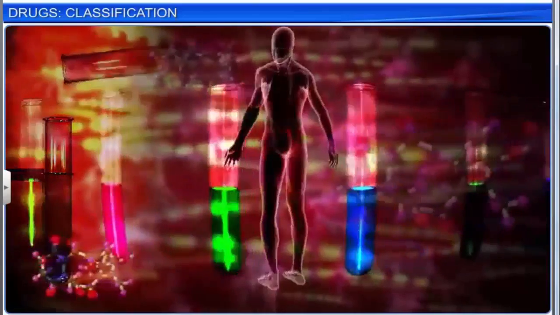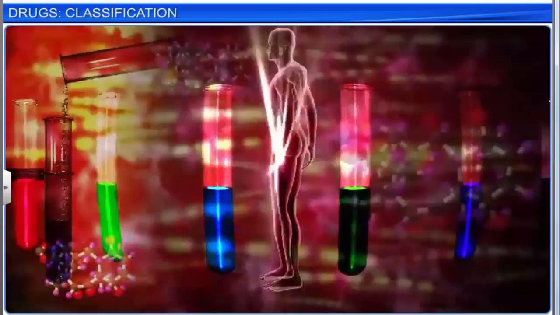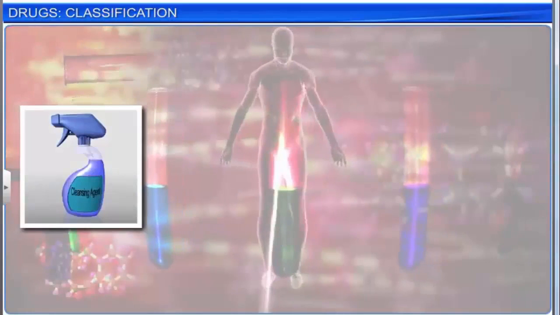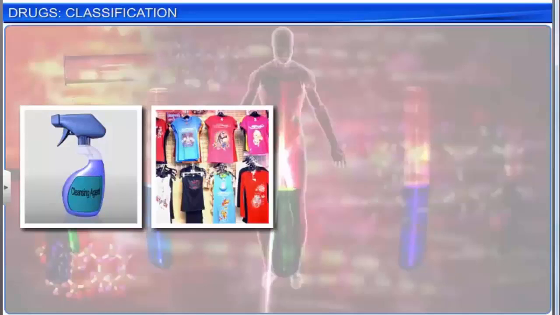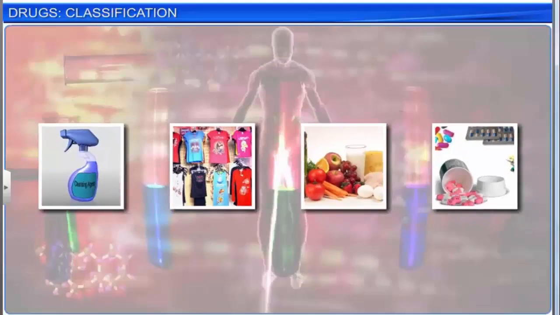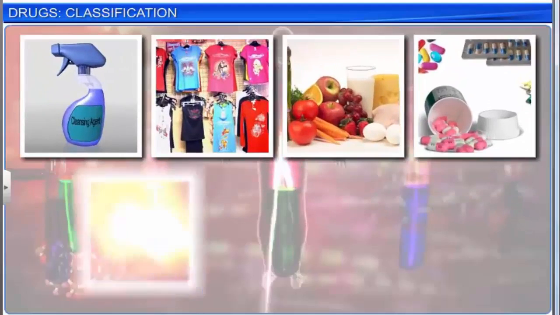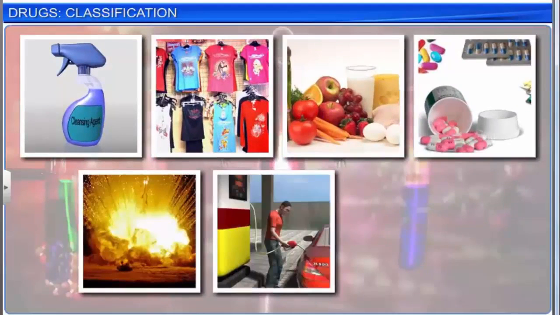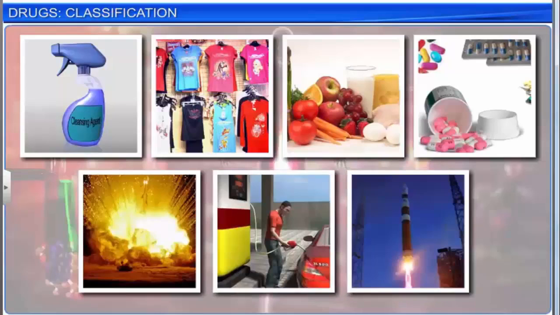Chemistry influences every aspect of human life, be it the cleansing agents we use, the clothes we wear, the food we eat, or the medicines we take. Not just that, explosives, fuels, rocket propellants are also chemicals.